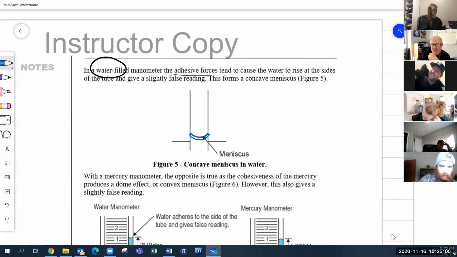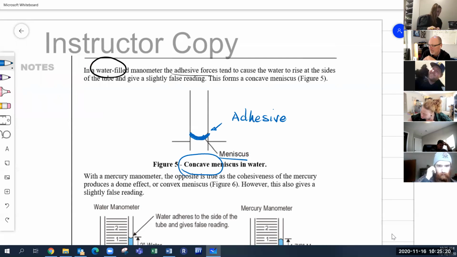This is what this is called, a meniscus, because of its adhesive qualities, it creates a meniscus that is concave. Okay. So you get a concave meniscus.